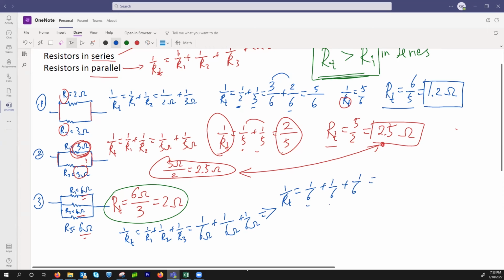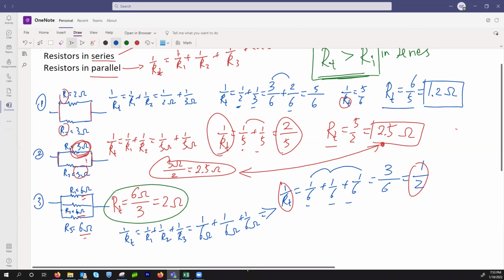And we have the same denominator 6 here. So we can keep the denominator and add the numerators together, equal to 3. We cancel out the common factor, dividing by 3 both on the top and the bottom. So we get 1 over 2. 1 over RT equal to 1/2. So the next step we can do is flip over both sides at the same time.